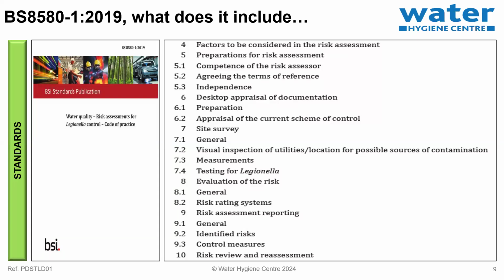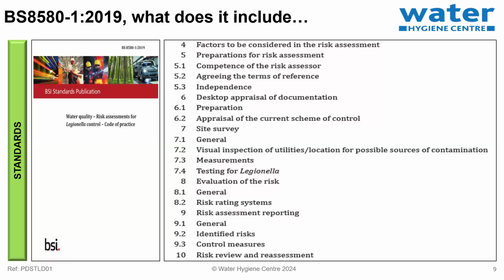So we've got this British Standard document here, and it identifies several areas that should be taken into consideration. These are things like the competency of the risk assessor, the independence, the desktop appraisal of documentation, the site survey, and the appraisal of the current scheme of control. How do we actually manage it?